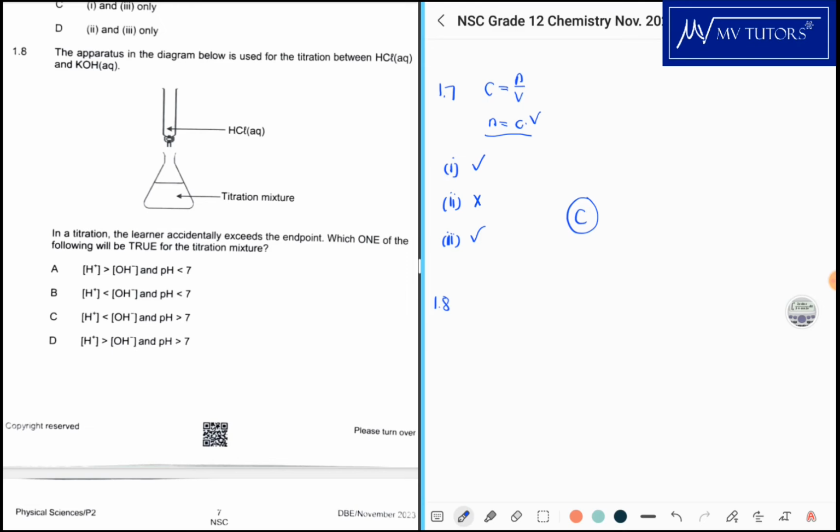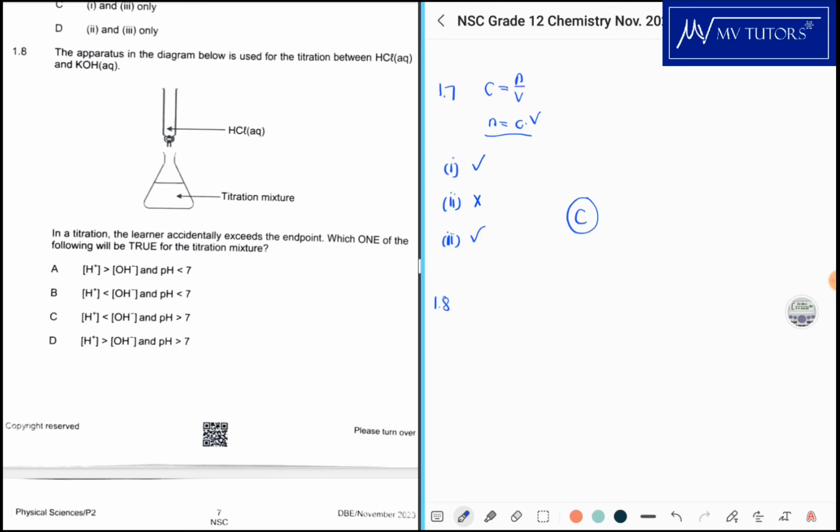So if it was poured at the right amounts, hydrochloric acid as well as potassium hydroxide would neutralize one another. Your pH would be around 7, and the concentration of your acid will be equal to the concentration of your base. But now we have more of the acid. So the concentration of your acid will be more than that of the base, and the pH, because it will be more acidic, will be less than 7.